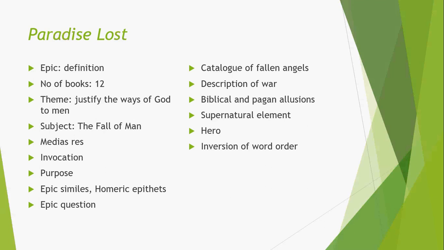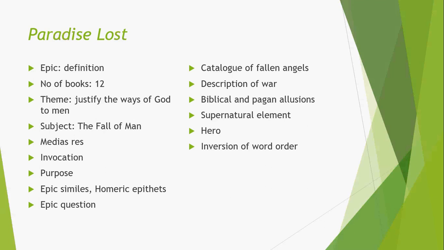So the subject of Paradise Lost is the fall of man, how Adam and Eve, Hawa alayhi salam and Adam alayhi salam, were first in heaven, in paradise, but then they were tempted by Satan. S-A-T-A-N, and Satan is the English word that we use for shaitan in Urdu. So they were tempted by Satan, they disobeyed God, and they were thrown on earth.